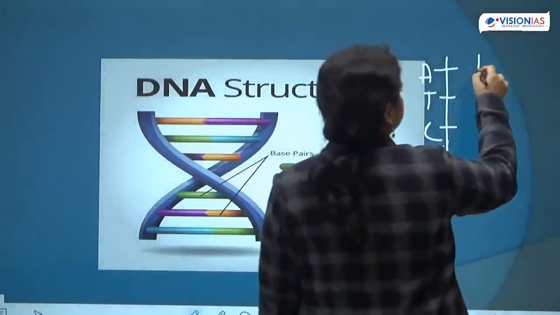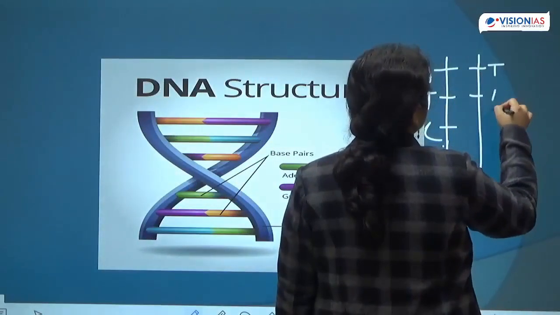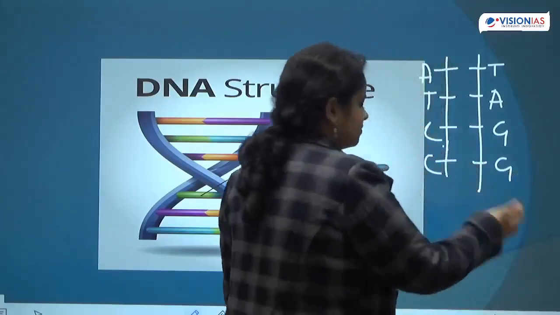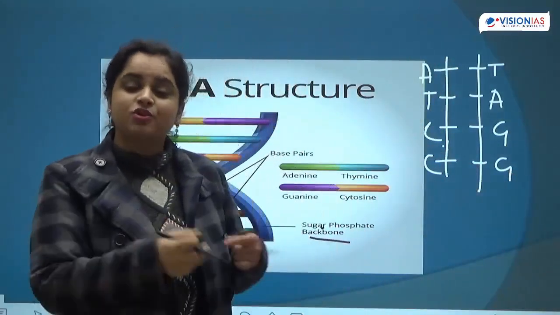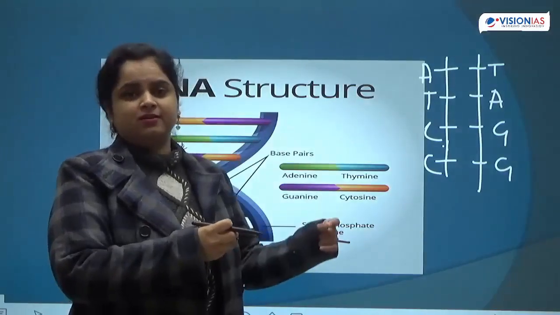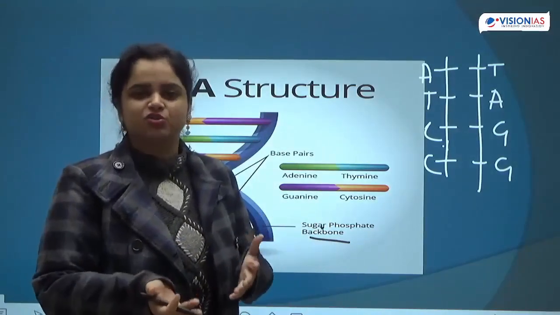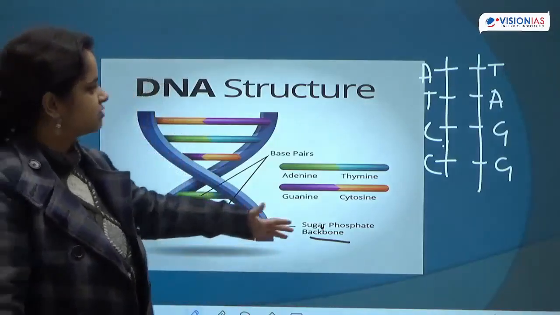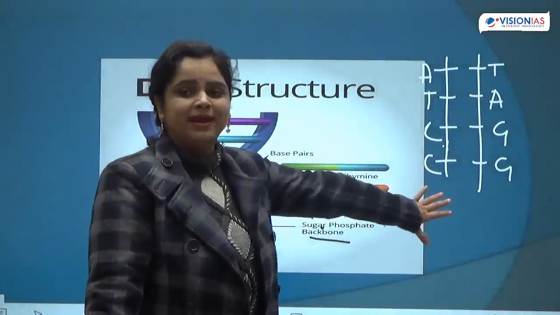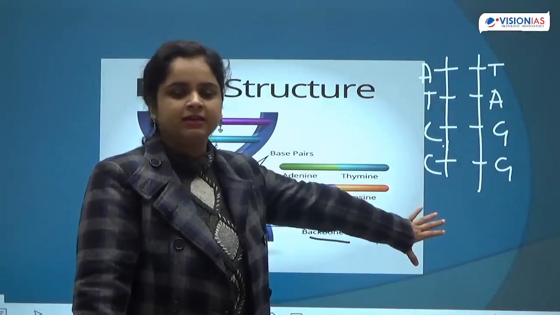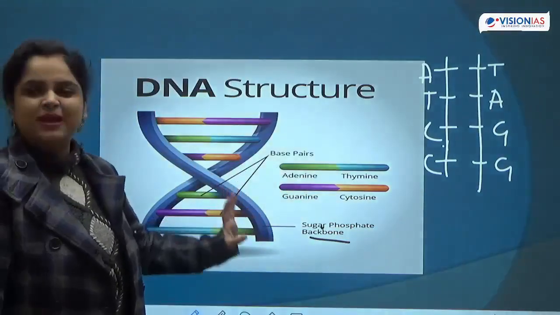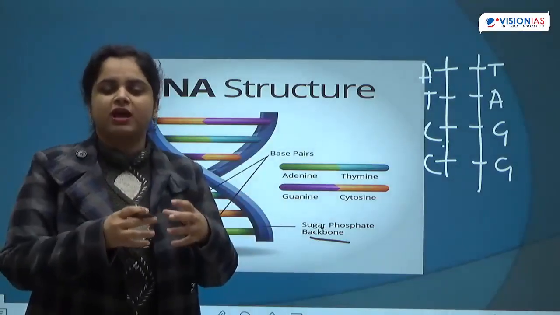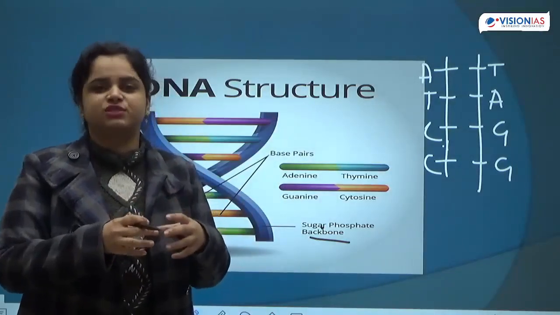With A there will only be T. With T it will be A. With C we will have G. With G we will have C. All of these concepts are going to be used from here, so please make sure you are understanding. If there is any confusion, you can ask in your doubt section. Based on this complementarity, the base pairing helps the two strands to be joined by the bonds they form.